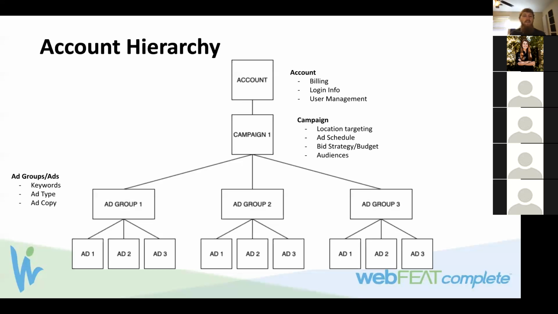So we might have a campaign in Cincinnati, and then within that campaign, our ad groups will focus on the services we offer. And then we'll create a second campaign focused on Cleveland, for example. And again, list out our different services by ad group. And this is going to allow us to get much more targeted with our keywords and just provide more relevant information to our potential customers.